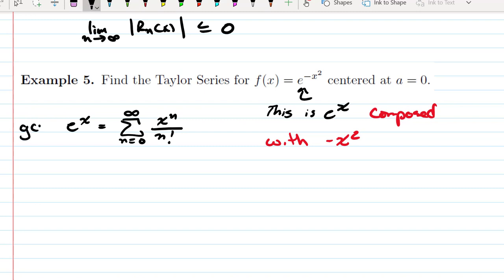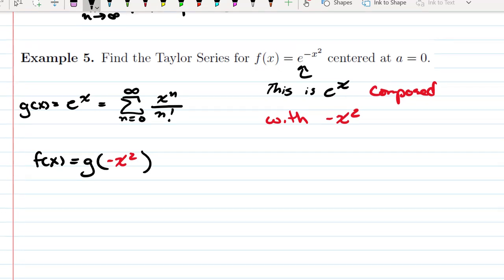So if we say g of x is equal to e to the x is equal to this, then f of x would be equal to g evaluated at negative x squared, because it's the function composition of e to the x with negative x squared.